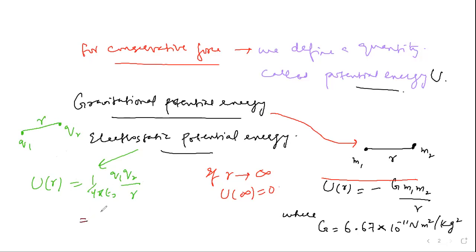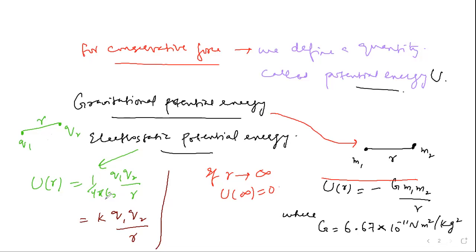We can write it as K Q1 Q2 by r, right? So this is the potential energy stored in this configuration of two point charges.